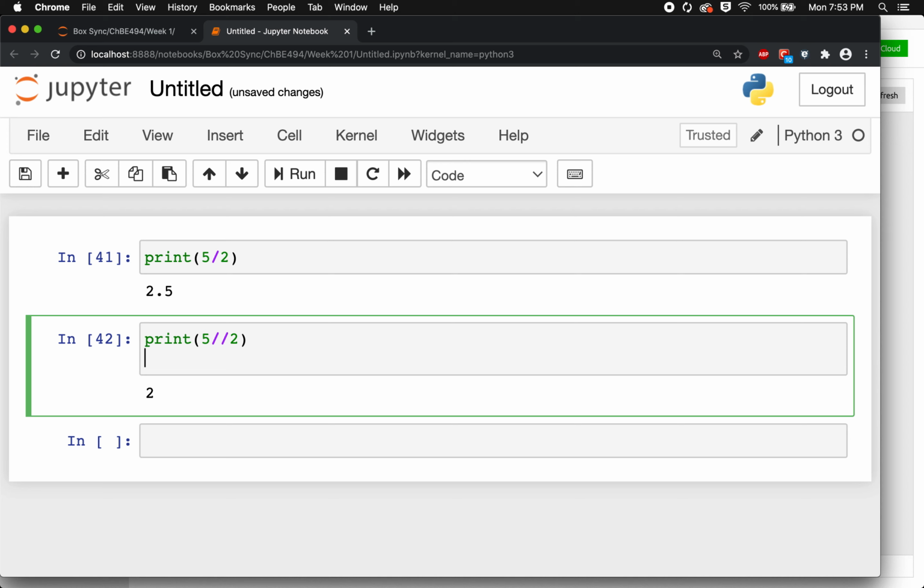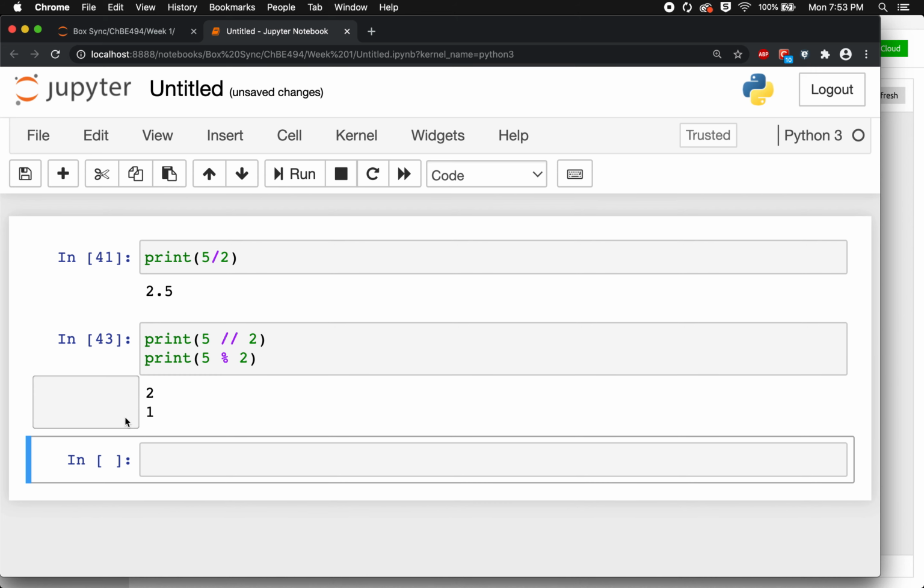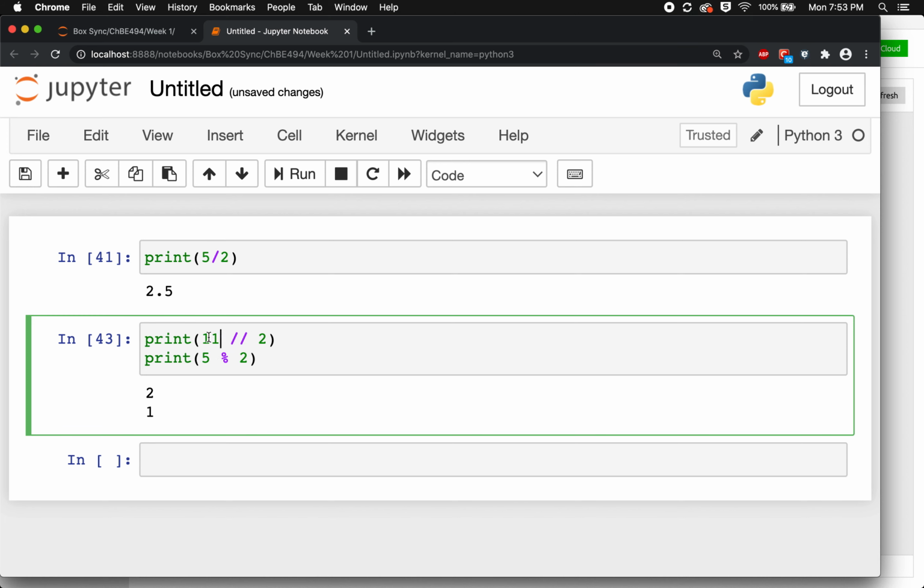And if I wanted the remainder, I'm going to use the mod operator, which is a percent sign. And let me just put in a space. I can always put spaces between things here. And what that's going to do is give me the remainder of that operation. So if I did 11 // 2, that's going to give me 5 times.